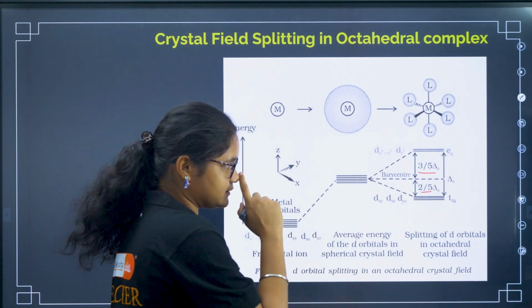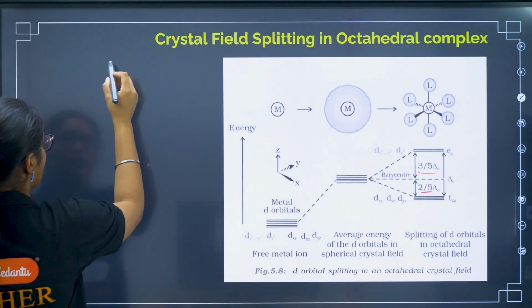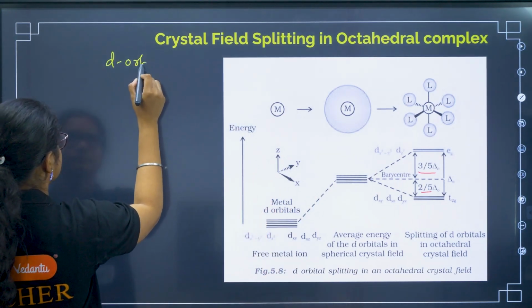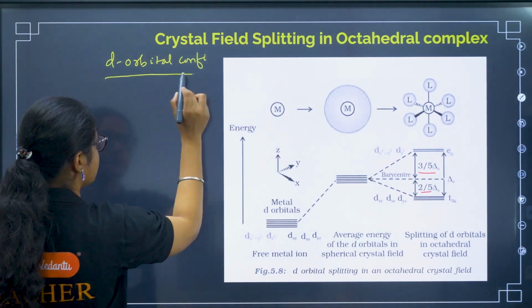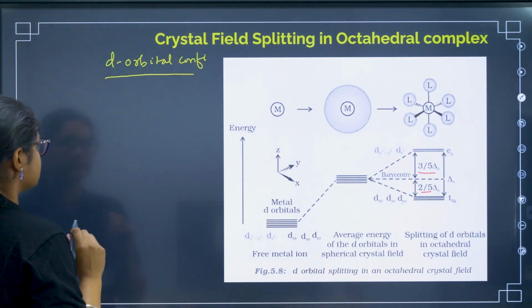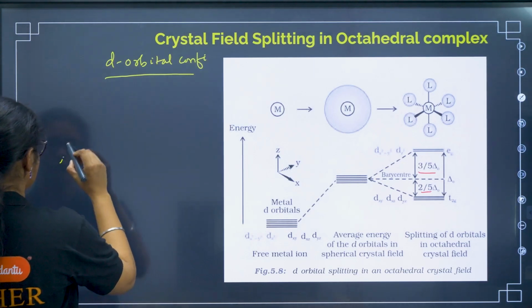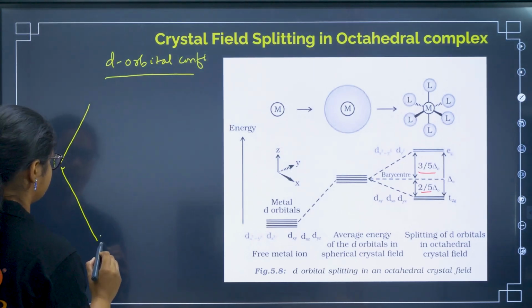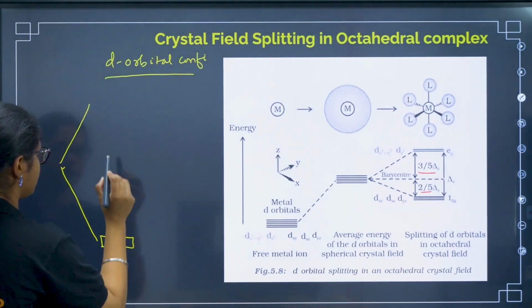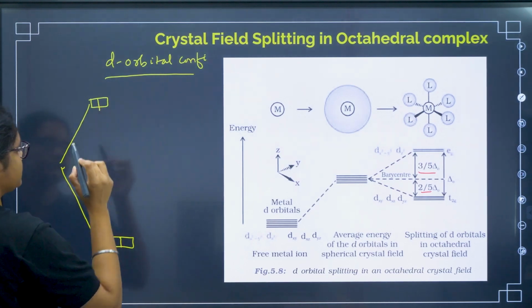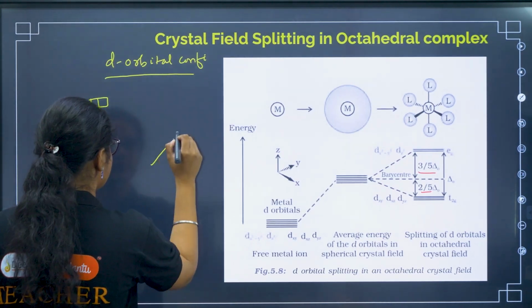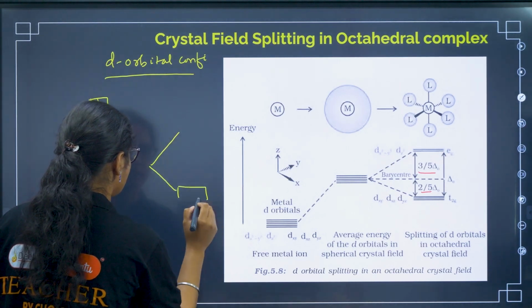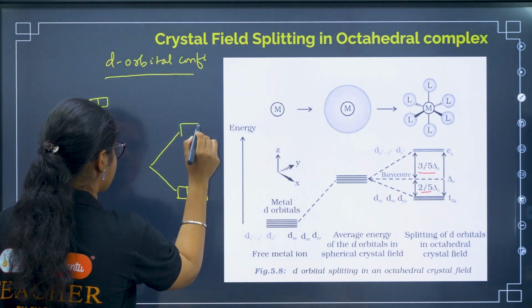Here we will discuss something called d orbital configuration. Please all of you see this one clearly. Suppose we have a strong field splitting, 3 orbitals here, and a weak field. If a strong field ligand comes, the splitting will be very high. And if it is a weak field ligand, then the splitting will be like this.